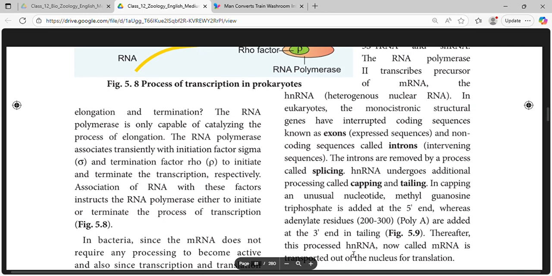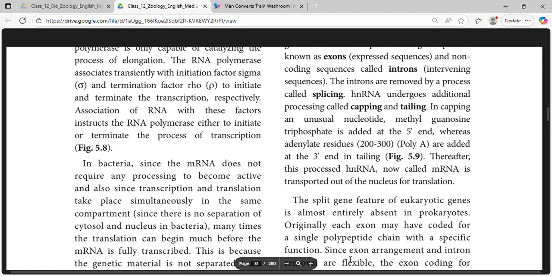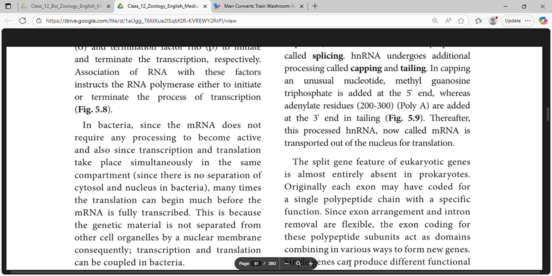In capping, an unusual nucleotide, methyl guanosine triphosphate, is added at the 5' end, whereas in tailing, adenylate residues, about 200 to 300 poly A, are added at the 3' end. Thereafter, this processed hnRNA, now called mRNA, is transported out of the nucleus for translation.